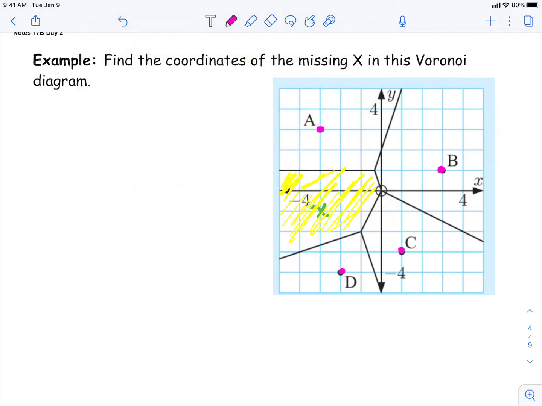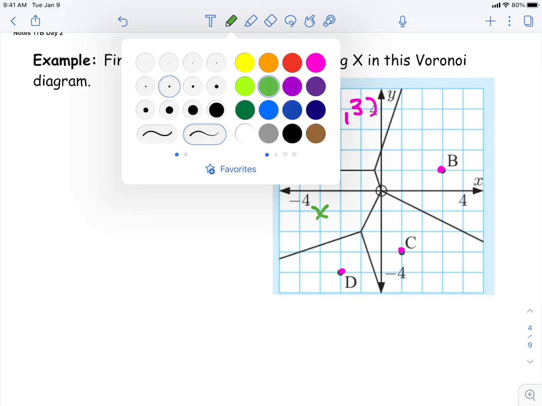So point A has the coordinate left 3, up 3. I'm just going to erase this yellow so you can start to see. And then there's that green X. Okay.